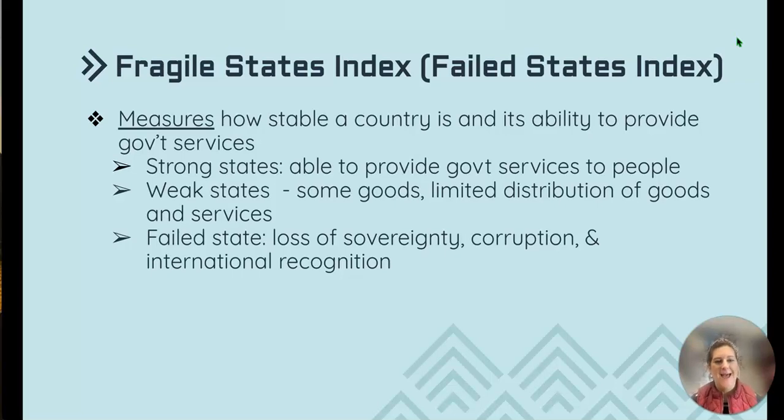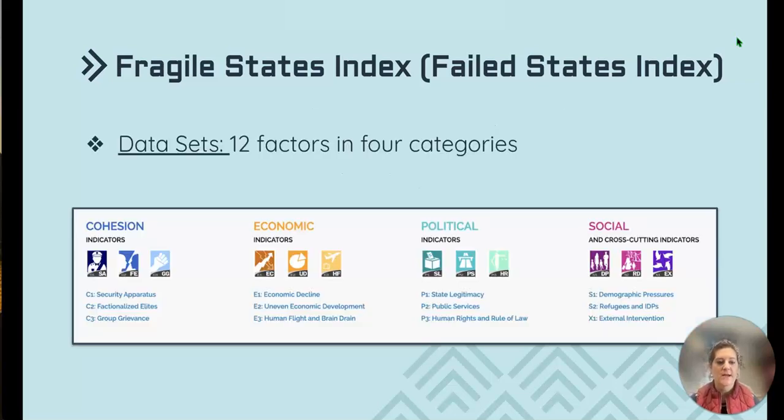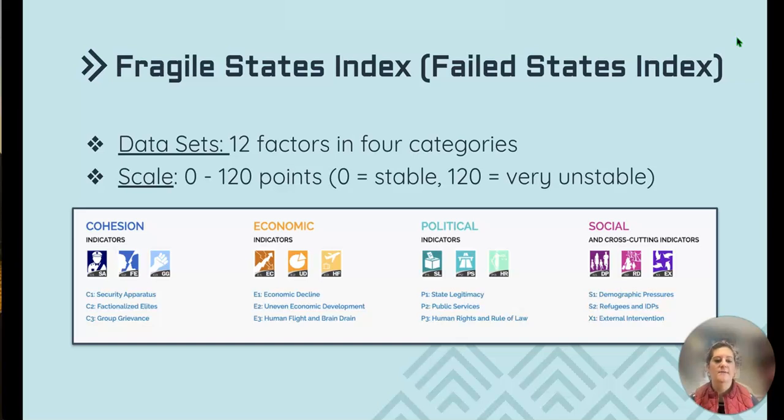Weak states does that partly, and strong states are always able to provide government services to people. This is created by the Fund for Peace, which is another NGO. They use various indicators that they've categorized to arrive at a scale of 0 to 120 points. 0 is very stable, so a low number is good.